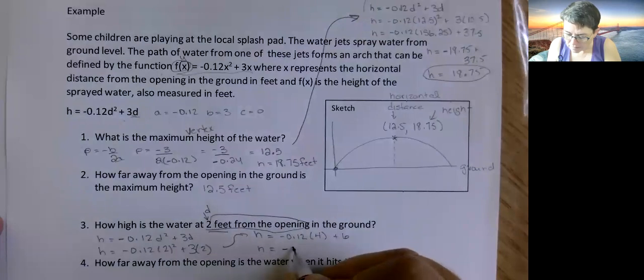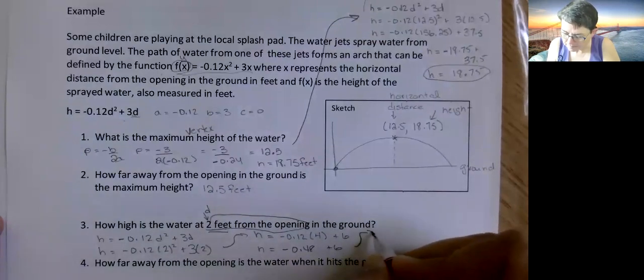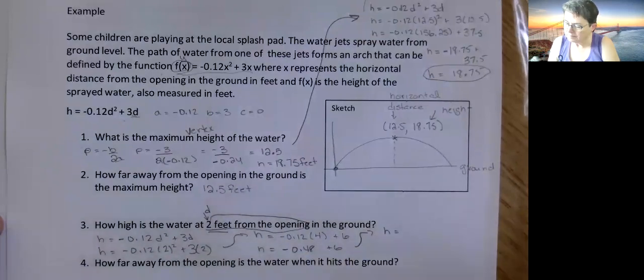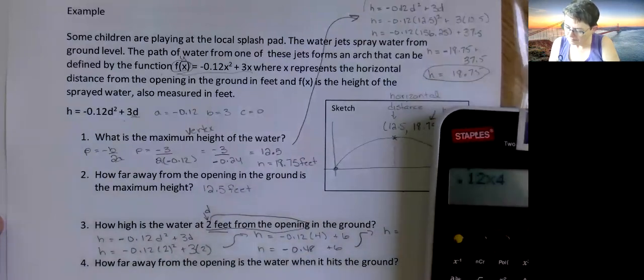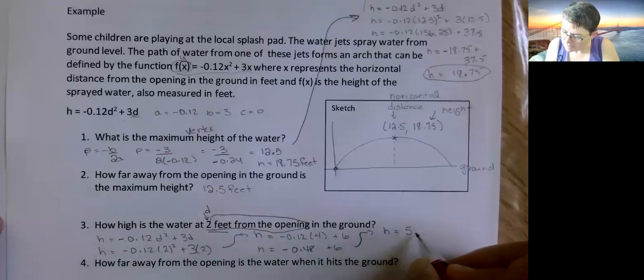Negative 0.48 plus 6, so that's going to be 5.52 feet.